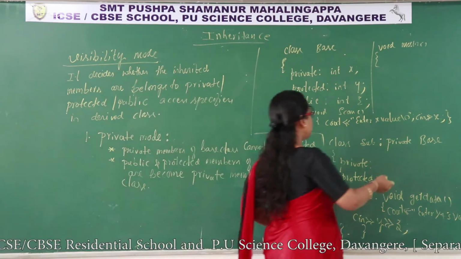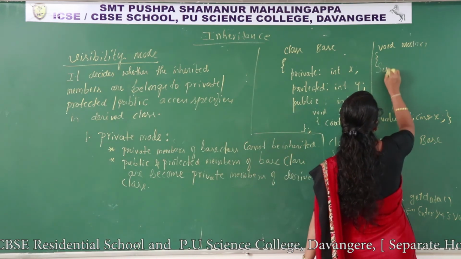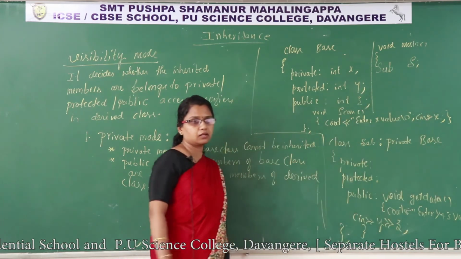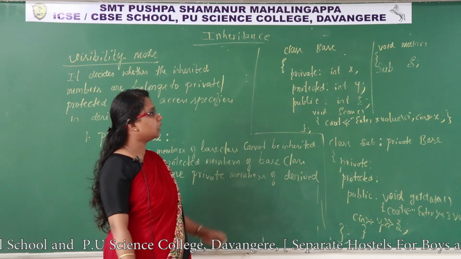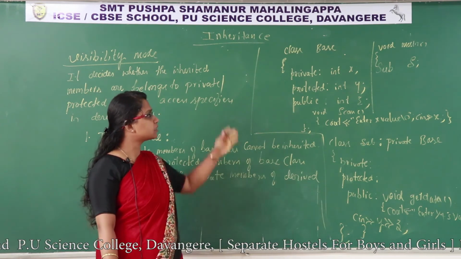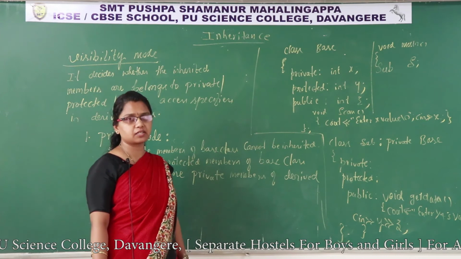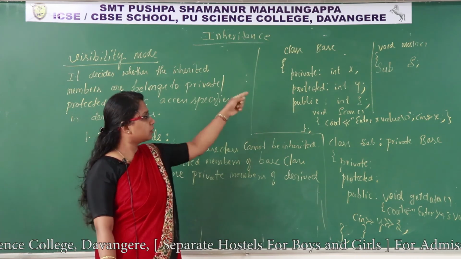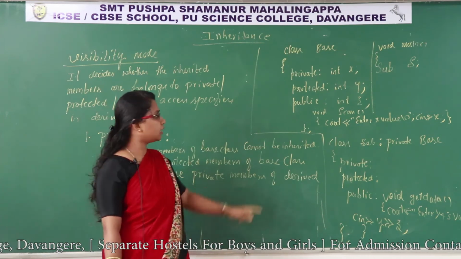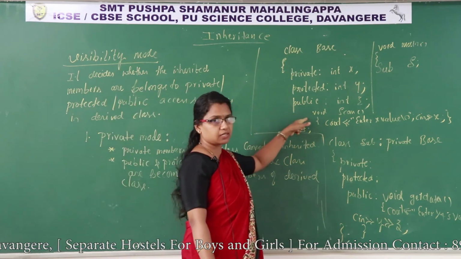I have to create an object for the derived class. Sub is the derived class name. Through this object, I want to access x. Is it possible? No. Because x belongs to the private section of the base class. Then there is a function, scan function, which can access private data. Scan is a public member of the base class.